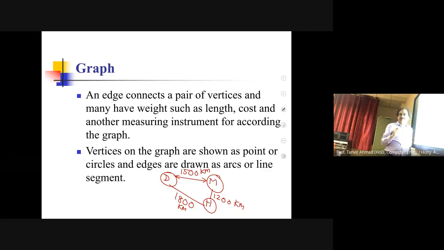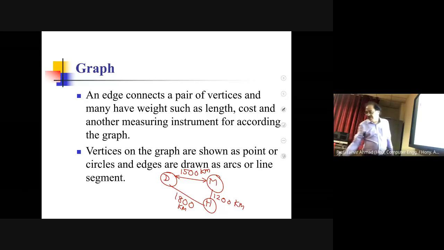But if I have a one-way road, I will draw an arrow. For example, there is a road from Delhi to Chandigarh, but no road from Chandigarh to Delhi. I have to draw a single arrow. That's not a practical example, but in Delhi there are a lot of one-way roads, and for one-way roads you have to draw an arrow.